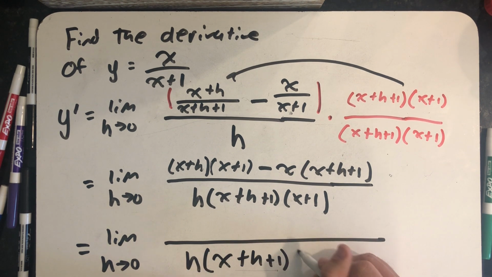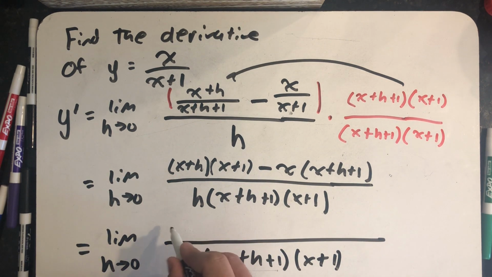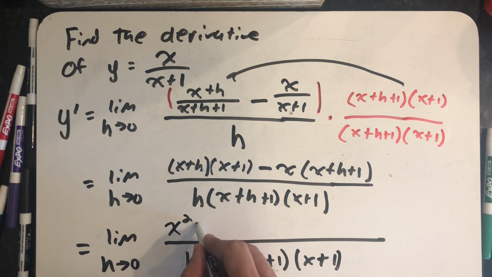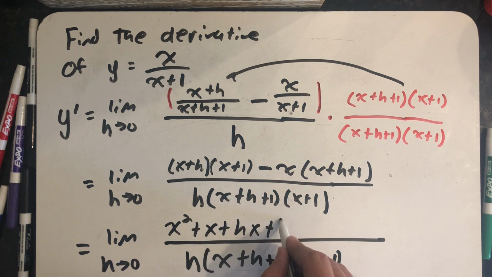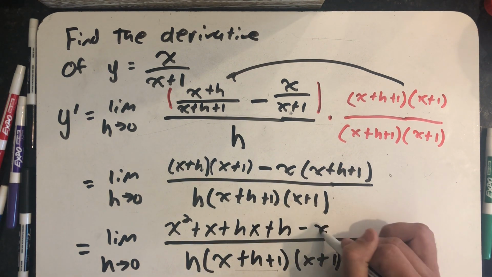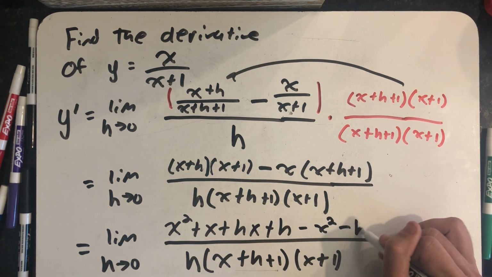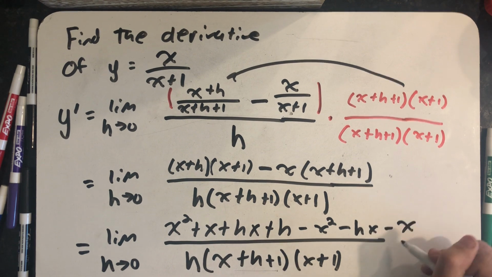So in the middle of this, I just need to do some more algebra. All right, let's see. I have an x squared plus x plus hx plus h minus x squared minus hx minus x.